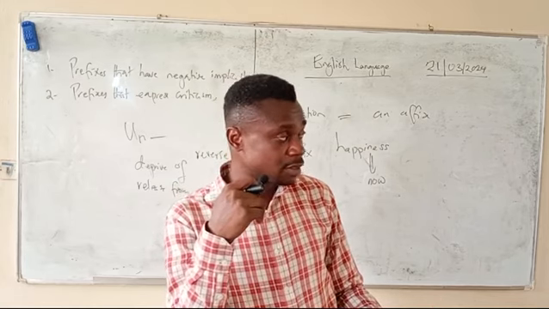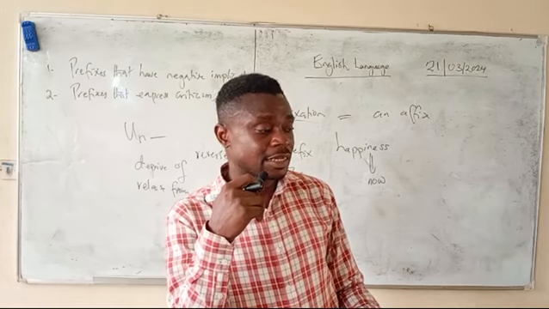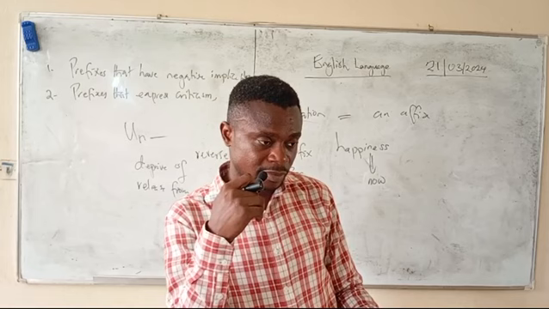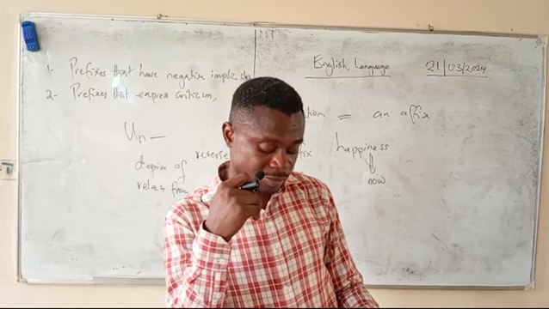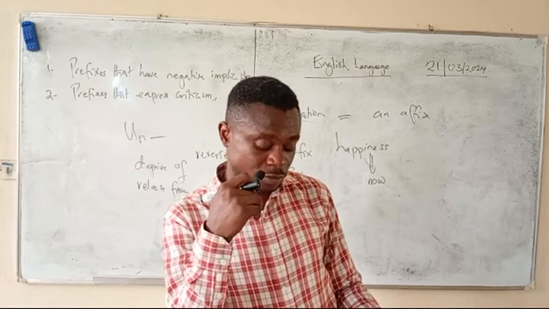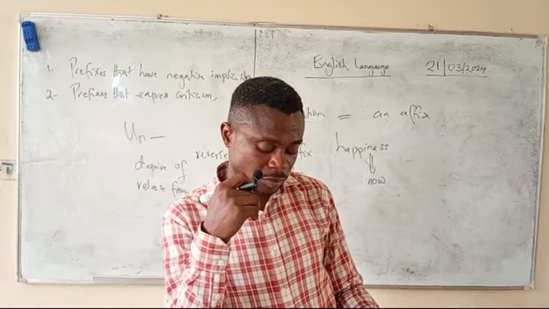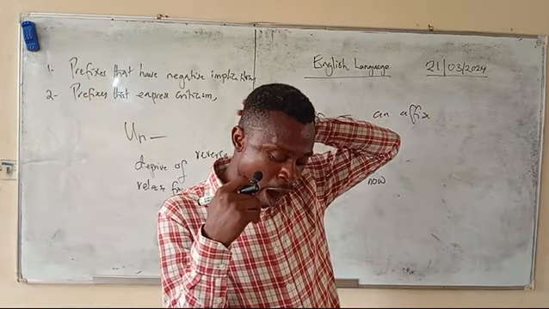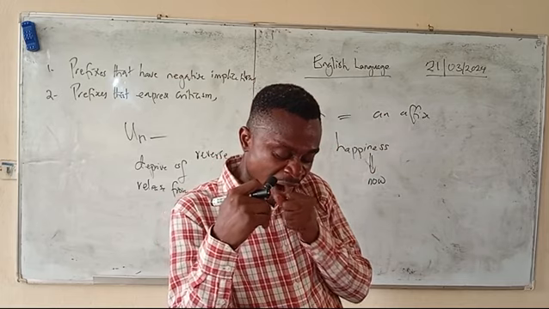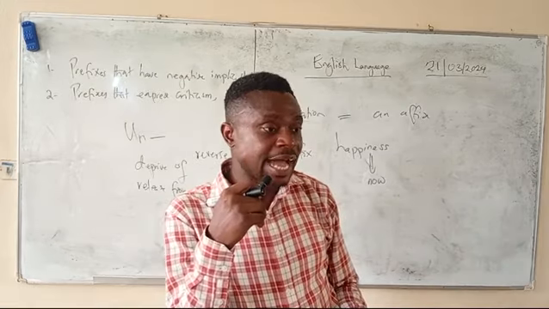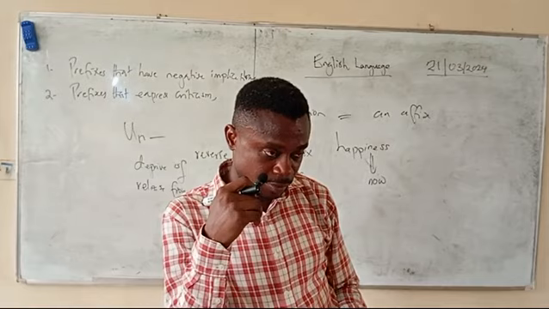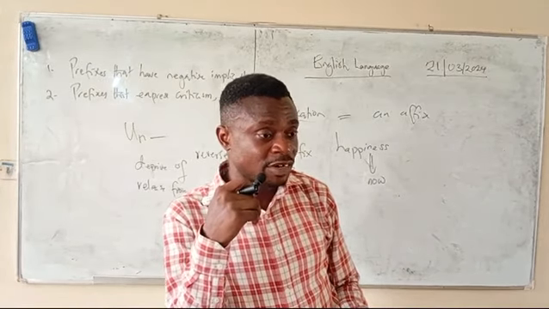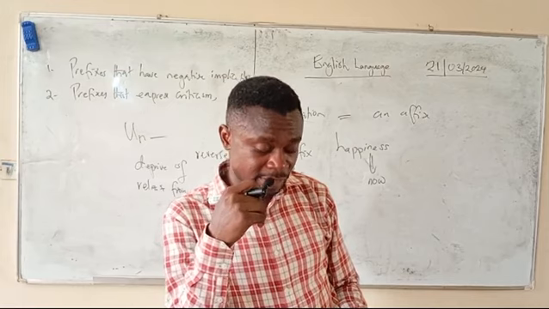Unhappy. Unlikely. Unfaithful. Untie. Untie, is it verb, adjective or noun? It is a verb, right? Good.